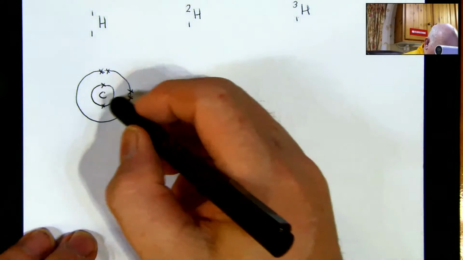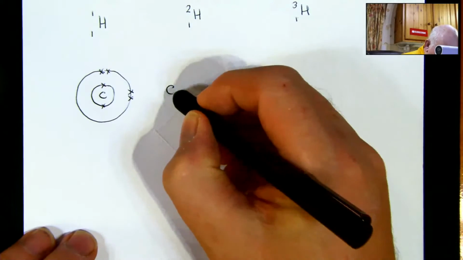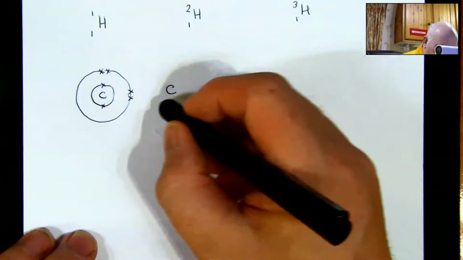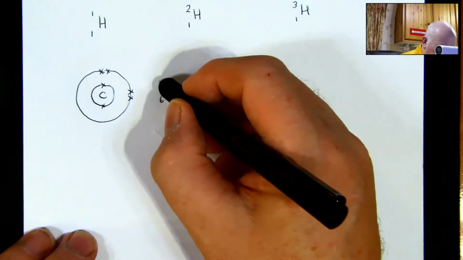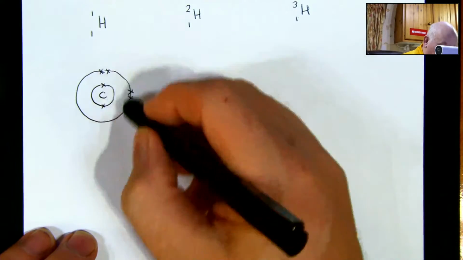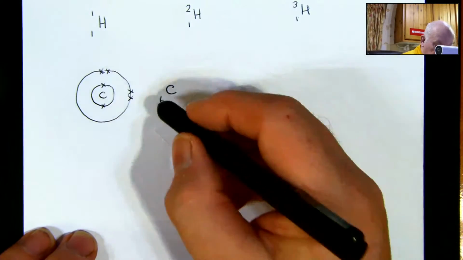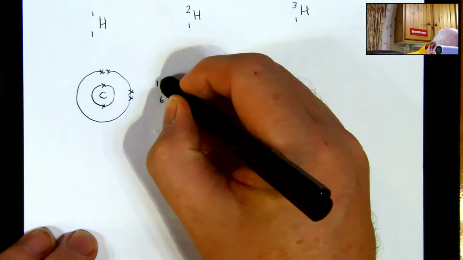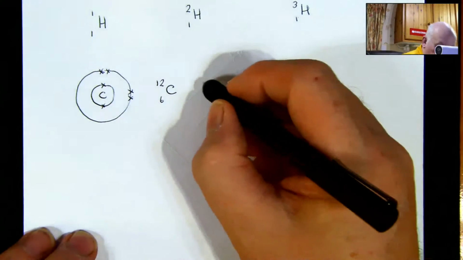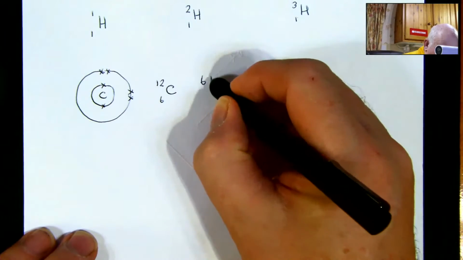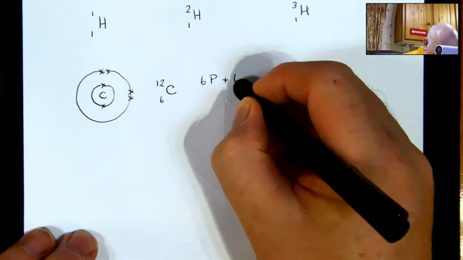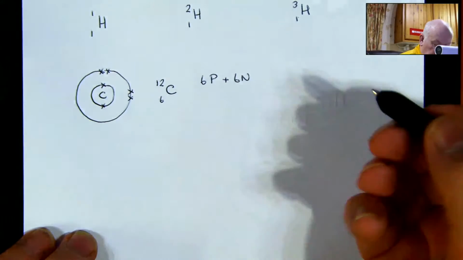So this is carbon. It's got an atomic number of 6. It's got its 6 protons, 6 electrons, but it's got an atomic mass of 12. That tells us it's got 6 protons plus 6 neutrons.